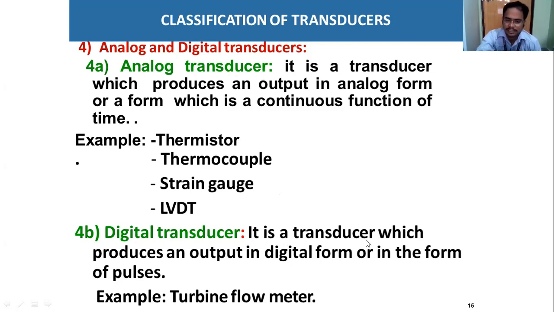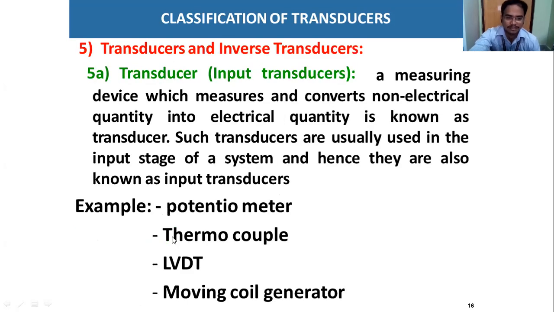A digital transducer produces output in digital form or in the form of pulses. A turbine flow meter gives numbers, digits. Such transducers are digital transducers.